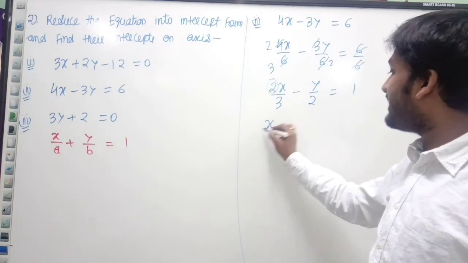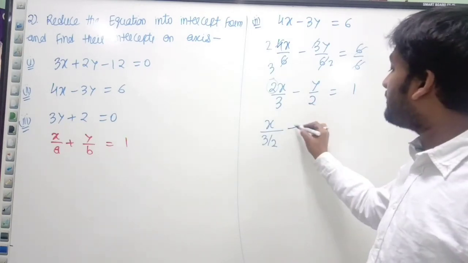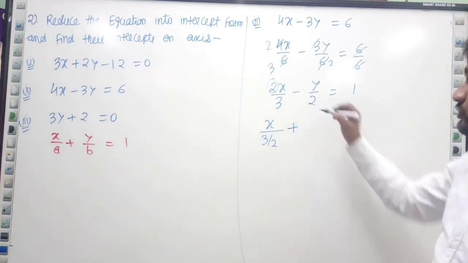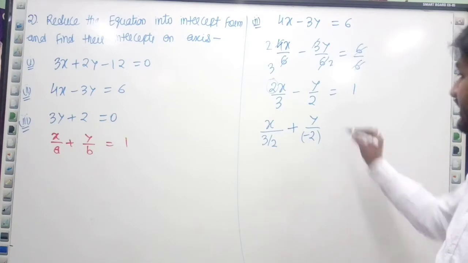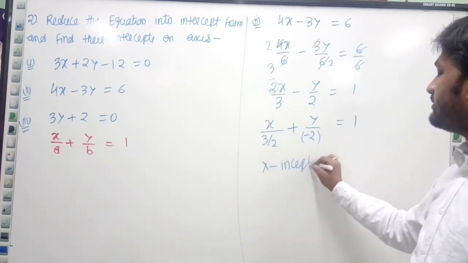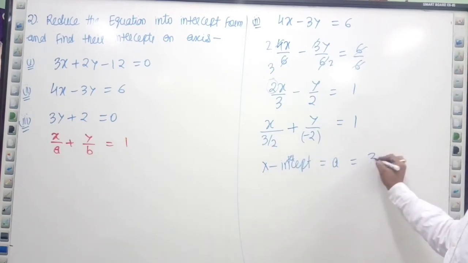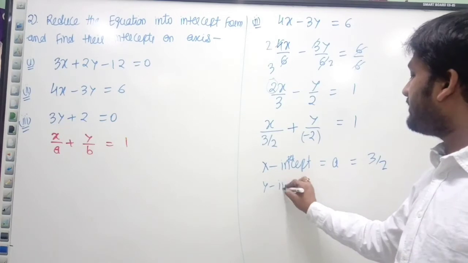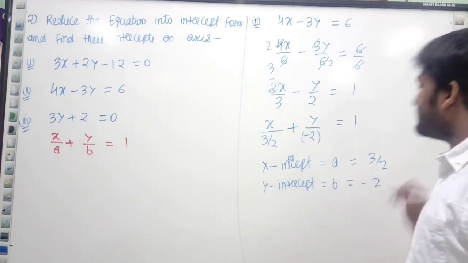So can I write this x upon 3 by 2? And in between we have plus sign, but we have minus here. So what I will do, I will write this 2 as minus 2 and equal to 1. So I can say x-intercept a is equal to 3 by 2 and y-intercept b equal to minus 2.